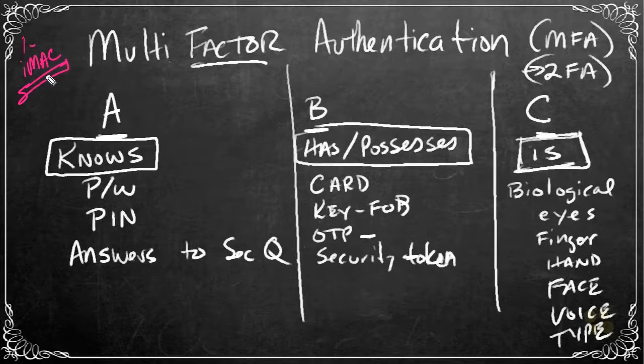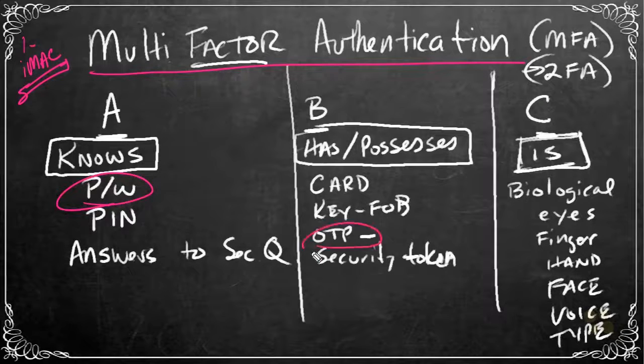When setting up that iMac, we put in his iTunes account, his Apple ID, and then his password, and then it also sent a code to his iPad that we had to confirm and supply. My question is, is that multi-factor authentication? It did require his password, something that the user knows. It also required a one-time password that was sent to his other device, something that he had. Because it included one from this category and one from a different category, that indeed is multi-factor authentication at work.